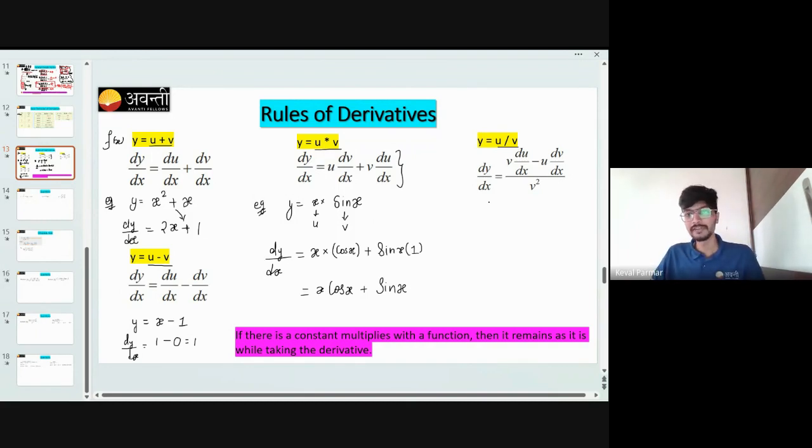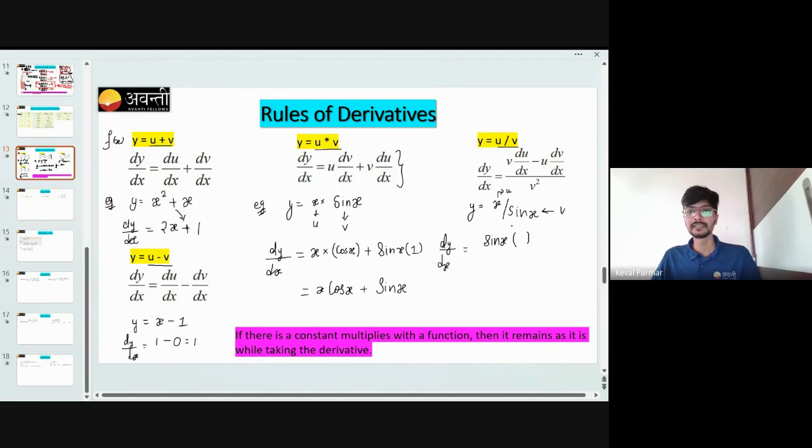Same, if I take a simple example, y is equal to x upon sine x. Here u is x and sin x is v. So if I write dy over dx, that will be equal to v, which means sin x, into derivative of u.